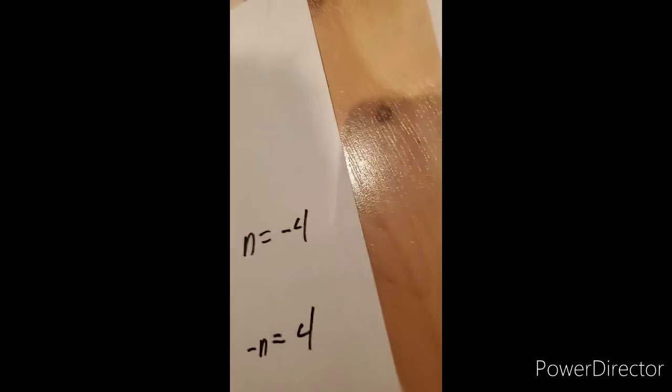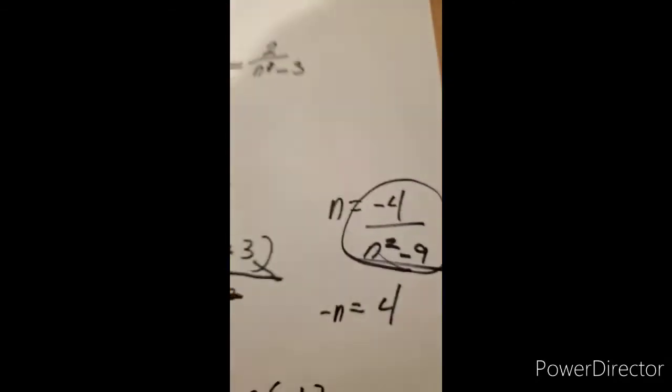You would get negative n equals 4. So n would equal negative 4 over n squared minus 9. That would be your answer.